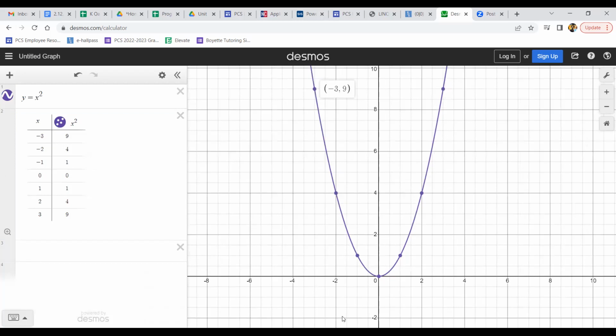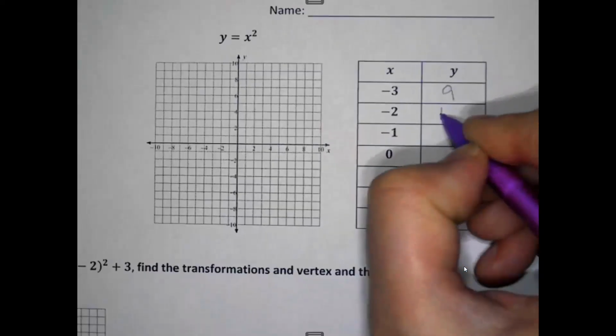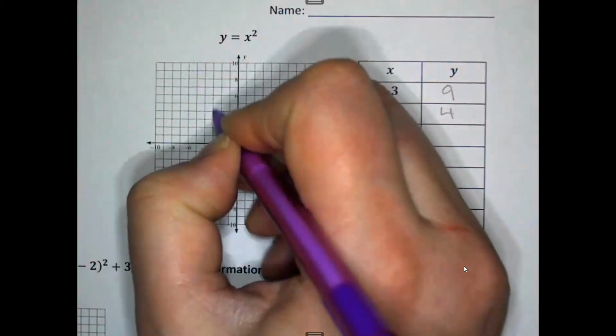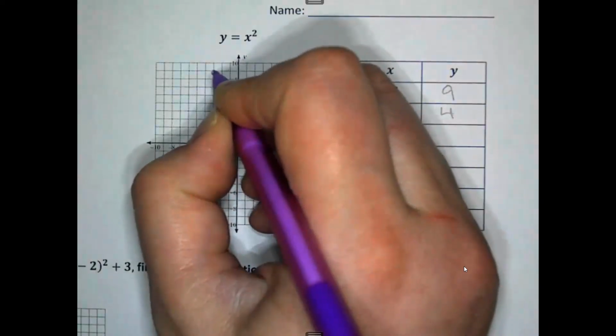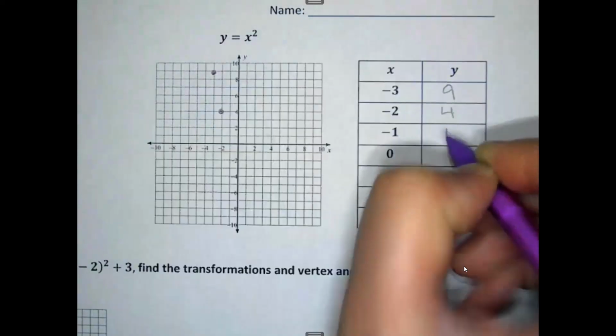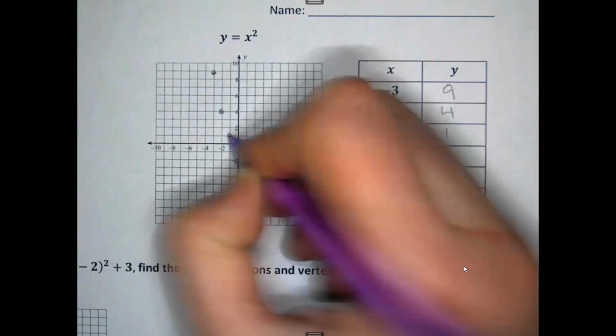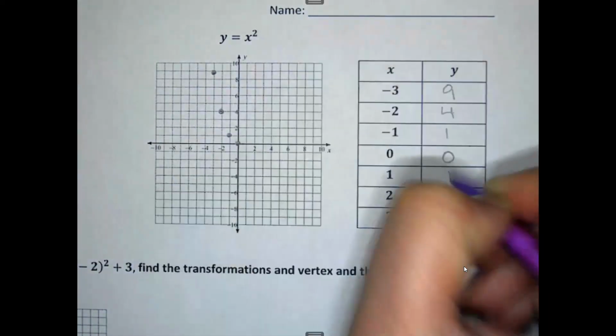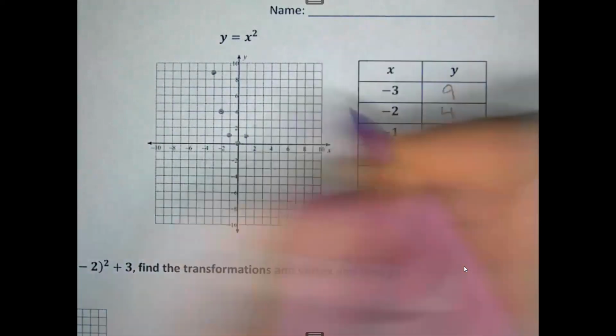-3 gives you 9. And I'm just filling in the paper as I go. So -3 gives you 9, -2 gives you 4. -1 is 1. 0 is 0. 1 is 1.